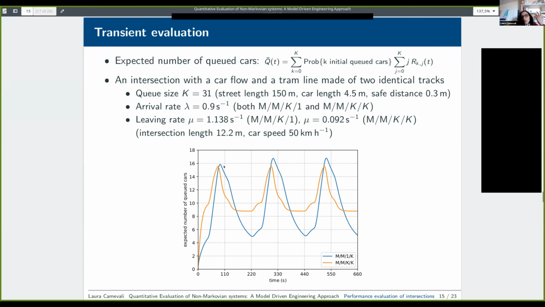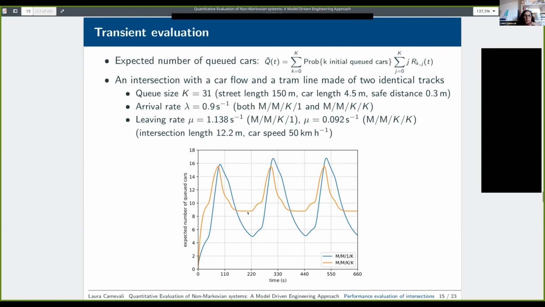And we obtain this pattern here, where, of course, peaks correspond to the time instances during which the probability that the intersection is available is larger, while troughs correspond to the cases where the probability that the intersection is available is lower. In particular, we can see that the MMKK model achieves slightly lower peaks and higher troughs.